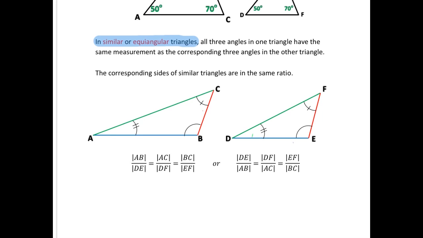Well, we can set it equal to the same ratio for another pair of sides, so these red sides here between this angle and this angle, so corresponding here, so we can write BC over EF is also equal to AB over DE, and our third side pair, AC over DF, will also be equal.